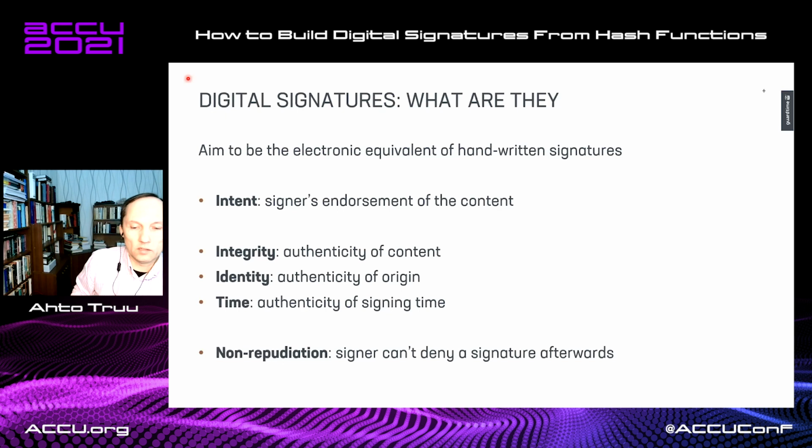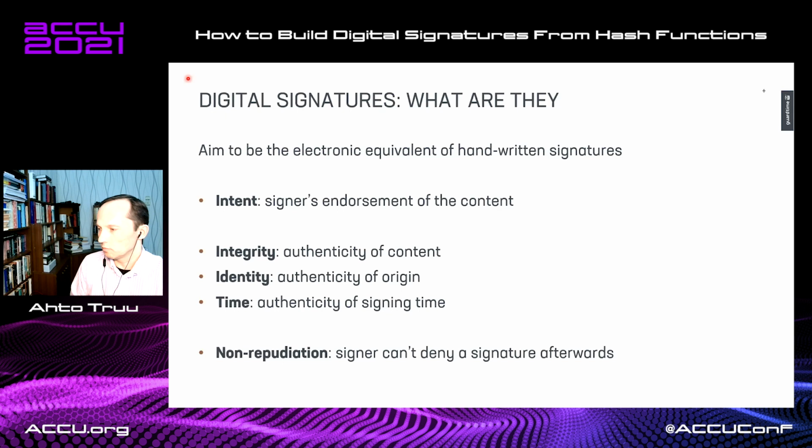One more requirement, which is maybe a little bit tricky to realize at first, is the property of non-repudiation. The idea is that once I have signed something, I cannot deny that I signed it.